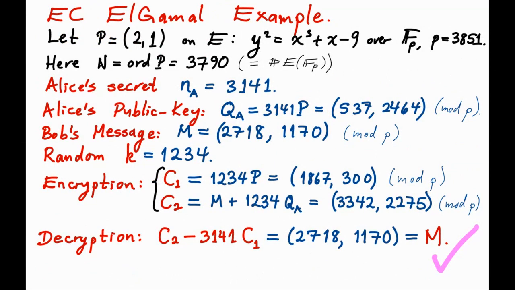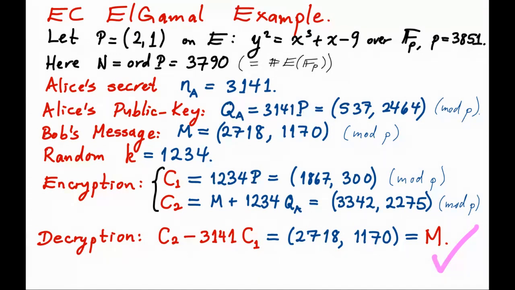One answer is that you are encoding information, let's say a number, as a point on an elliptic curve. There has to be a protocol for how you embed information into a point on an elliptic curve.